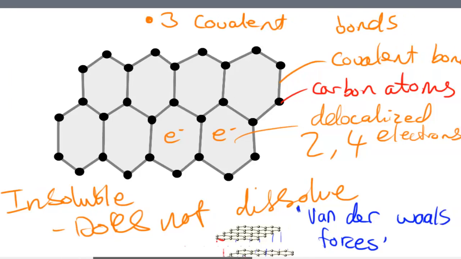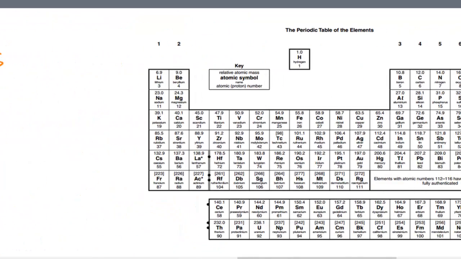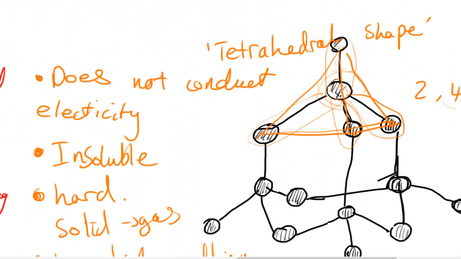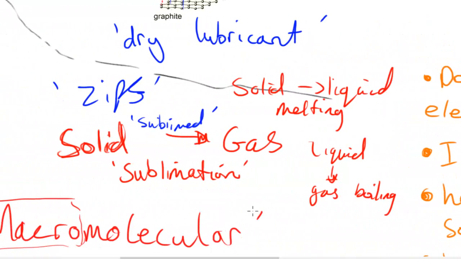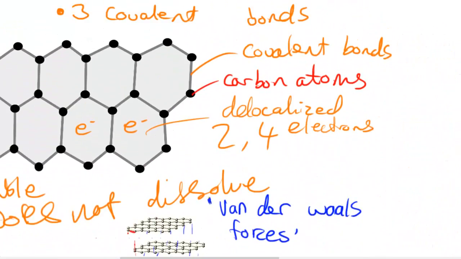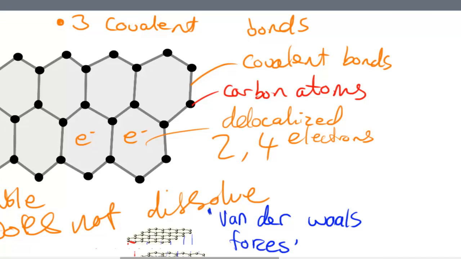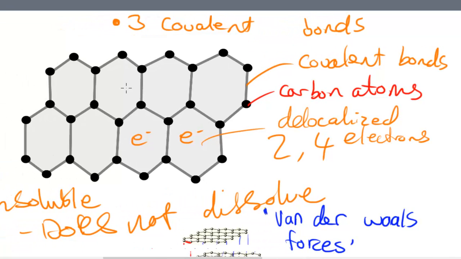And looking back at diamond quickly before I go on to further talk about this, you might notice that diamond has 4 covalent bonds, whereas graphite has only 3 covalent bonds. So you might be wondering, wait a second, diamond has more covalent bonds than graphite, so why doesn't it have a higher melting point? Well, the thing is, despite the fact that diamond has 4 covalent bonds, graphite has not only 3 covalent bonds, but it has delocalized electrons.